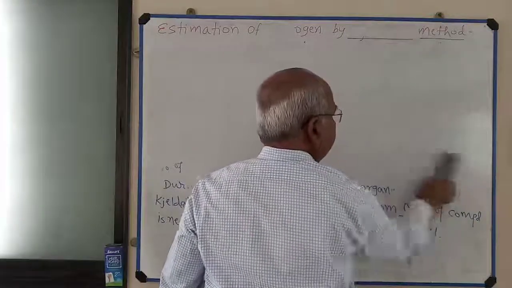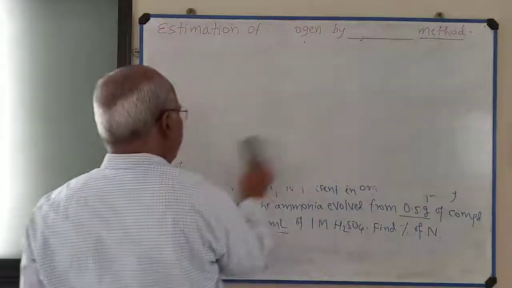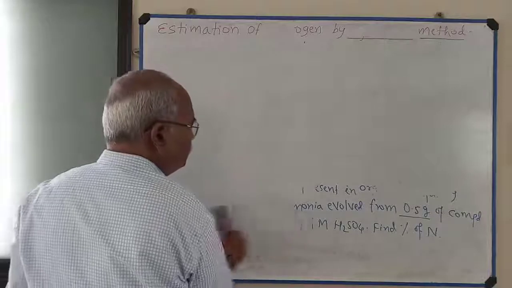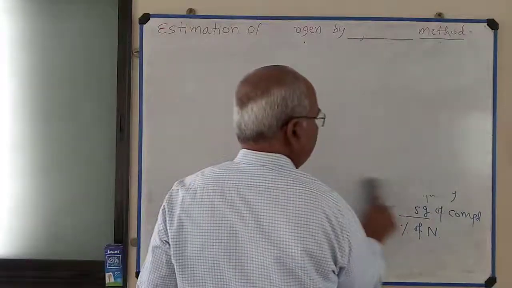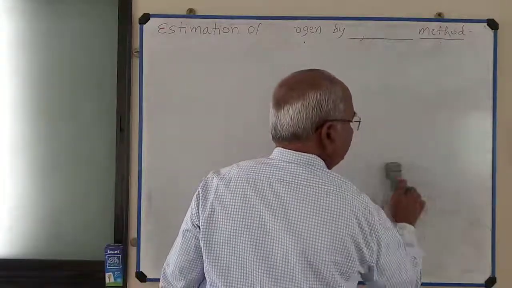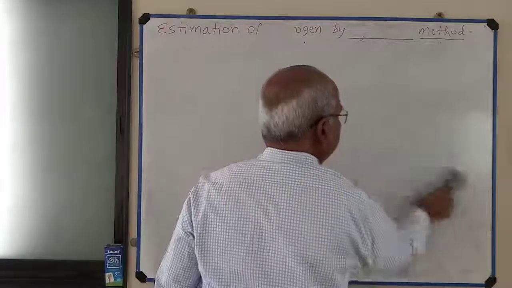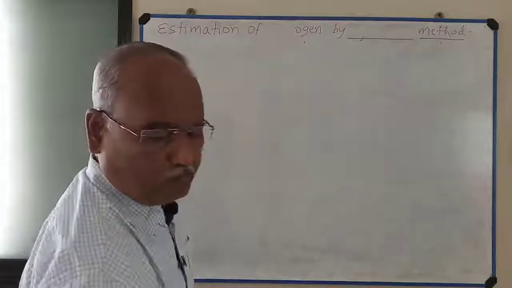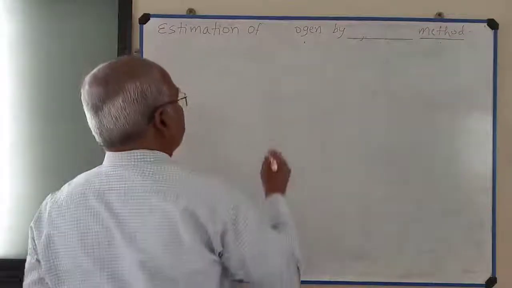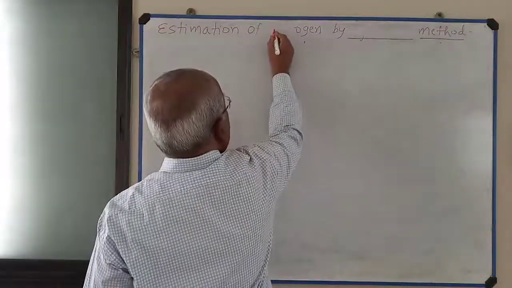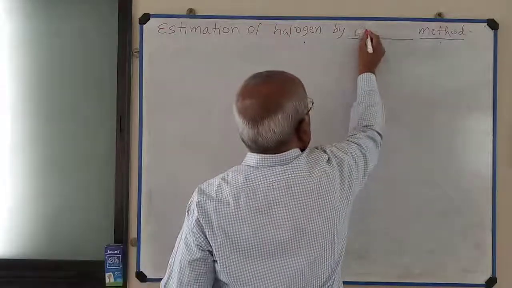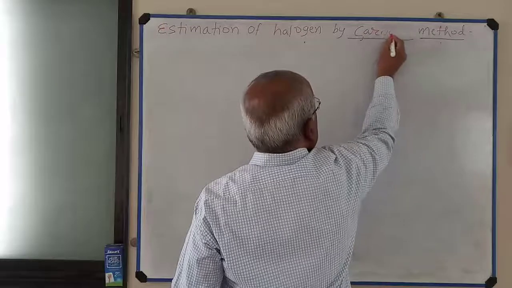Halogens are represented by symbol capital X. We are going to learn estimation of chlorine, bromine and iodine by Carius method. I write here estimation of halogen by Carius method.